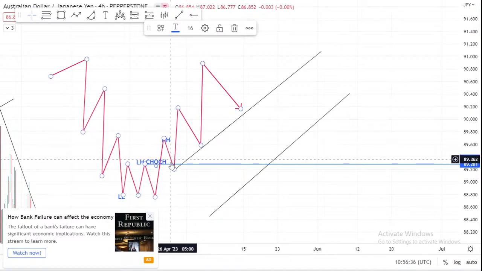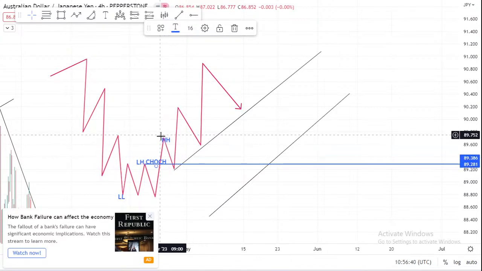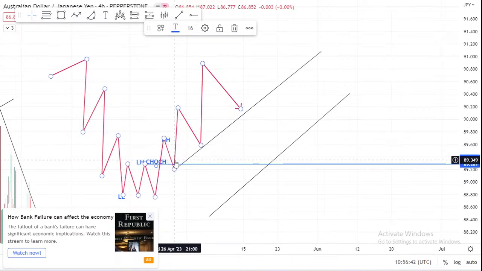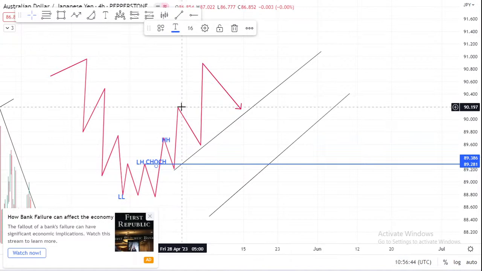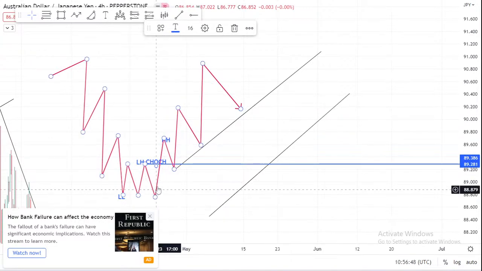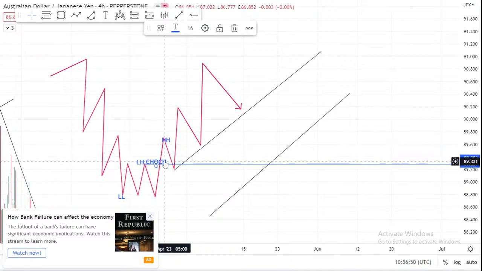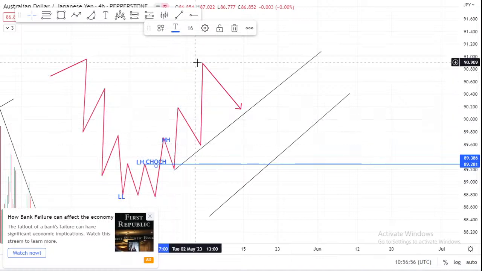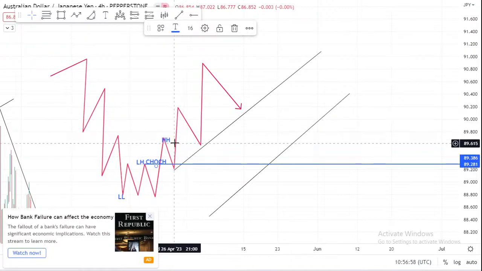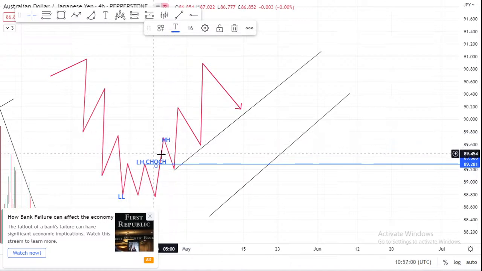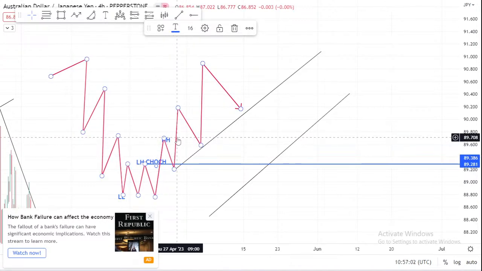It is not necessarily that it will come back to that level, but it will retest, it will come down before it proceeds to the upside. So if you missed out on entering on this breakout, you can just wait for a retest and then enter the market, take your buy positions. After confirmation, you need to check a lot of confirmation. You cannot just rely on the change of character and stuff like that.